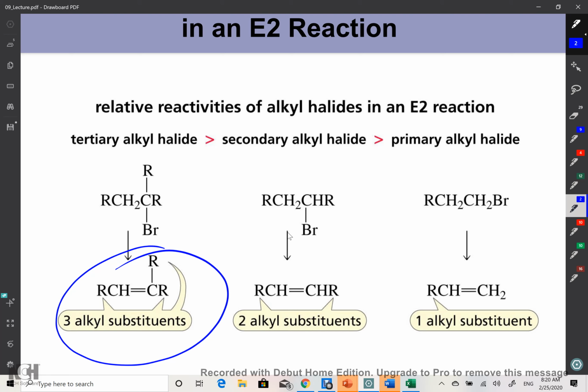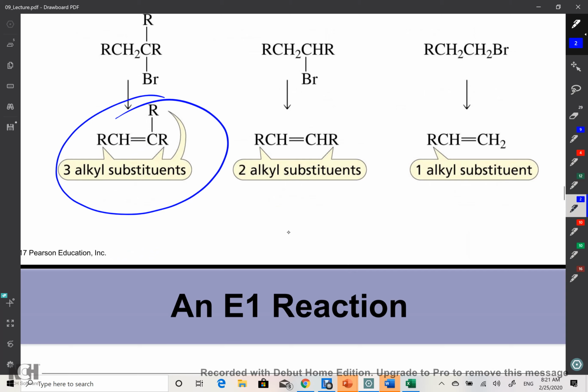It doesn't depend on the concentration of the base. Does that make sense? So if you double the concentration of the alkyl halide, the reaction doubles. If you double the concentration of the base, nothing happens to the reaction.